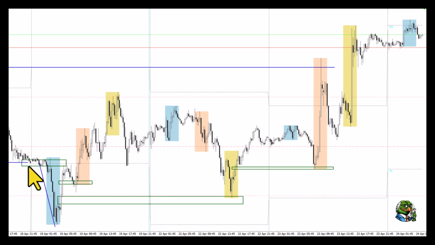Okay. Now, why is that important? Well, that's important because a lot of traders have sell orders under the low of a previous day. So here on the Friday, we have a previous day low right there. Now, there are orders in the market to sell short when the market goes below that level.